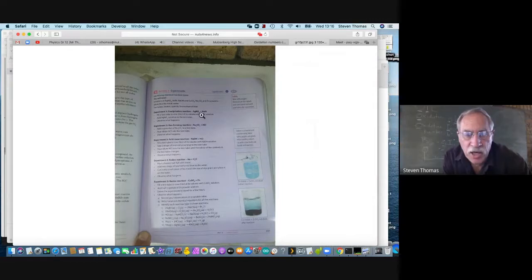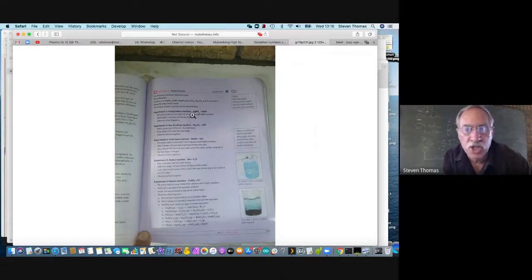Okay, here's a precipitation reaction. Silver nitrate combines with sodium bromide. Fill a test tube to 1/3 of its volume with sodium bromide. Add silver nitrate solution to the test tube. Observe what will happen. Any ideas what will happen?